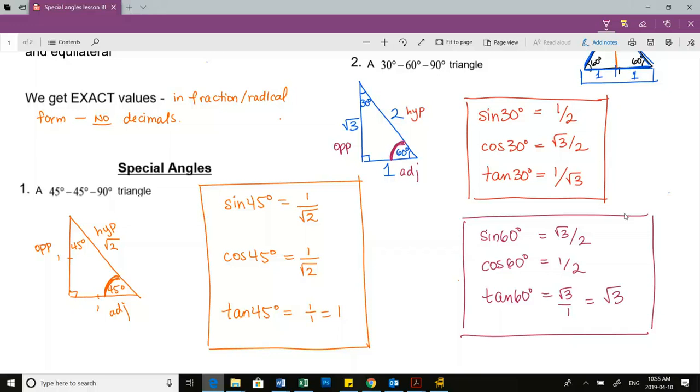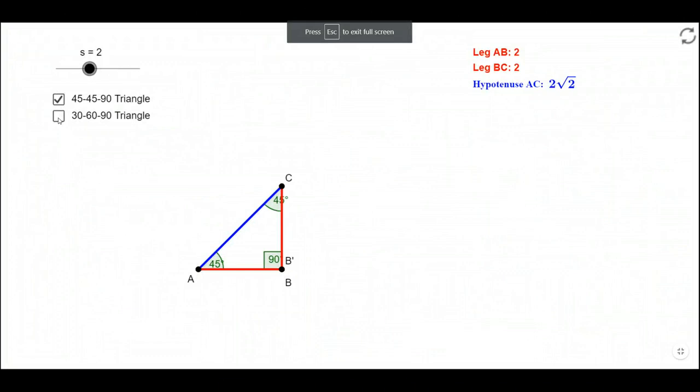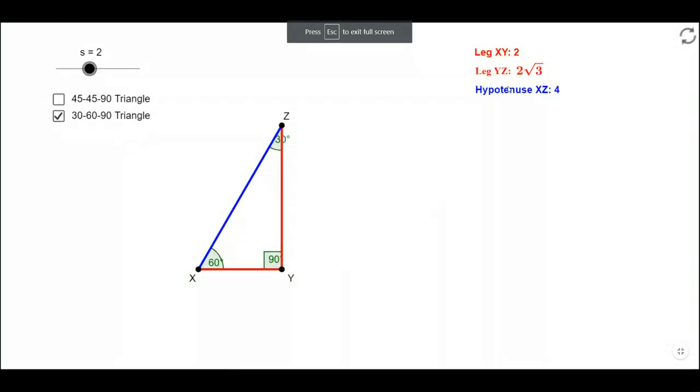I'm still confused about how each side, like I took the length of each side. So for the lengths of this triangle's sides, the smallest one we set equal to 1, but I can scale it up or down. I could make it 2, but it's still going to have all the same side ratios. So like I showed you over on this little app here, let's look at the 30, 60, 90 triangle.